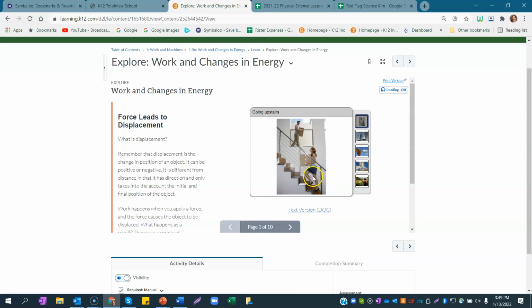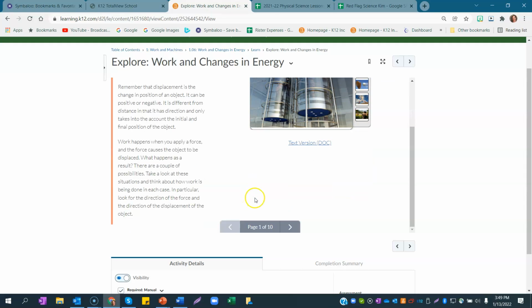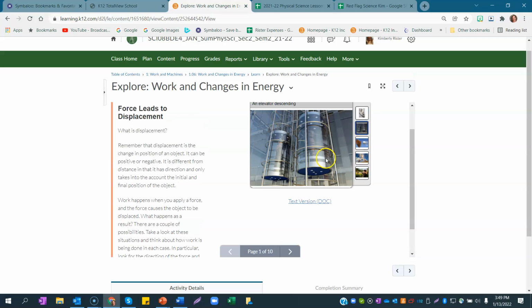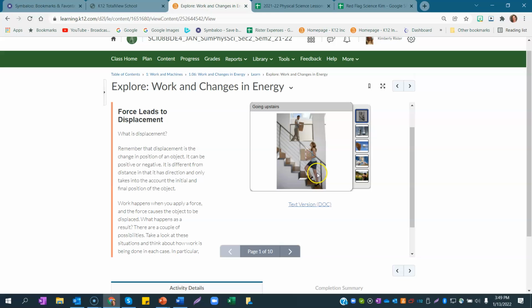So, going upstairs, and then you've got an elevator descending. In the examples, remember, we're looking for the direction of the force and the direction of the displacement of the object. Where did you start and where did you end? In the picture here, you start at the bottom of the stairs, you end at the top.